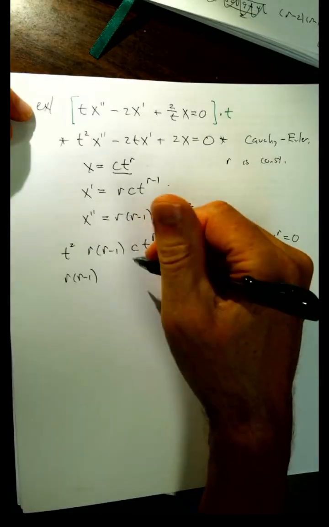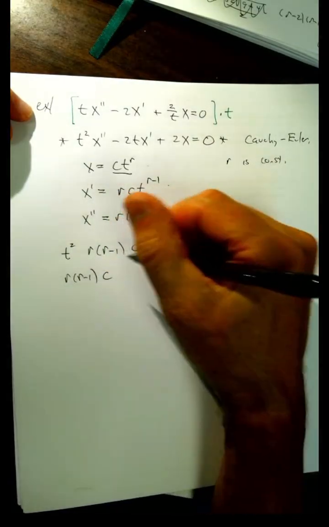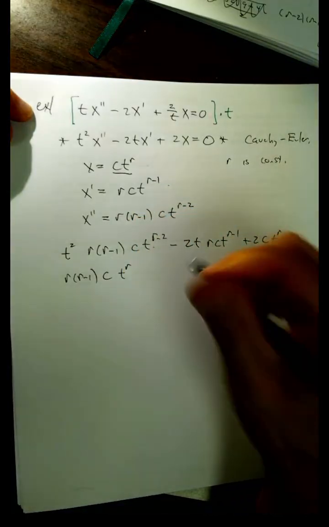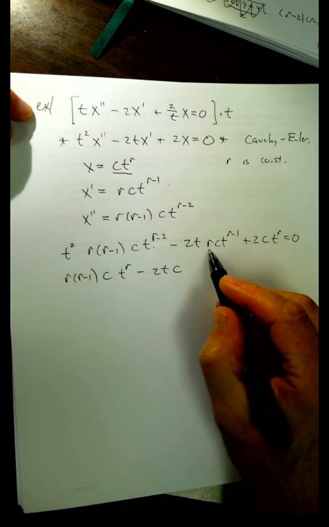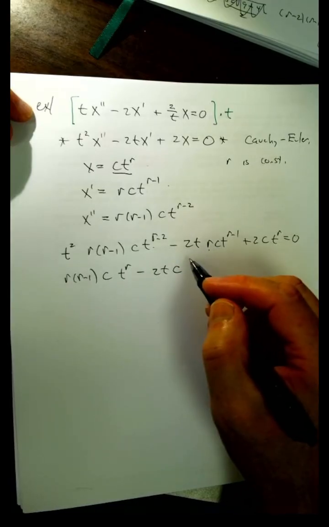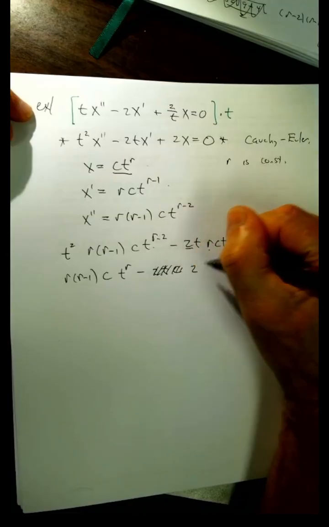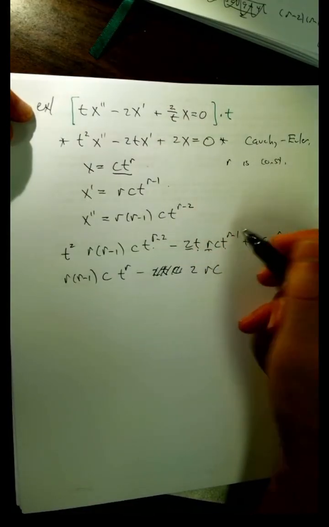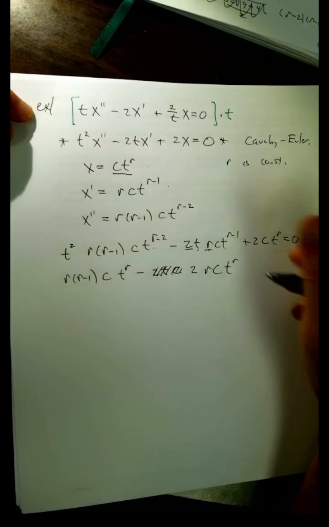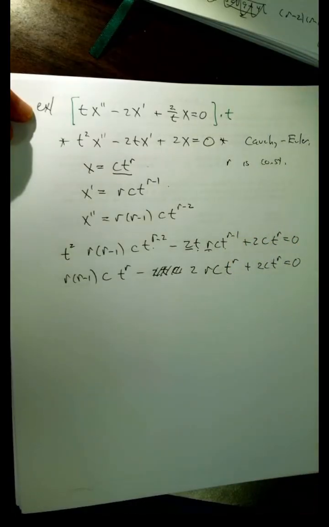I'm going to leave r times r minus 1 times c alone. t squared times t to the r minus 2 is t to the r. I'm going to take the 2t, sorry, I got in a hurry and screwed up. So I'm going to have minus 2rc, those are the constant terms. t times t to the r minus 1 is t to the r. And I'm going to leave this last term alone.